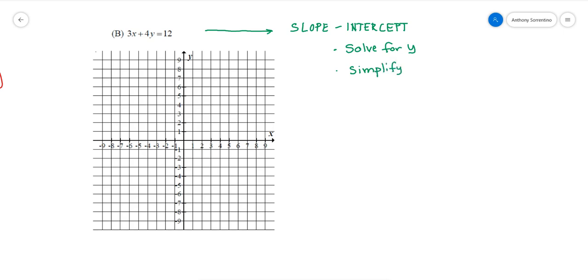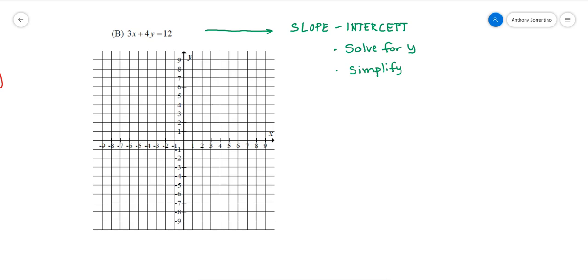That means if there be any parentheses that would be a part of this, which will happen more so when we talk about point-slope form, I would work those out. Any cancellations or fraction simplifications that could be done, I certainly should do those as well.